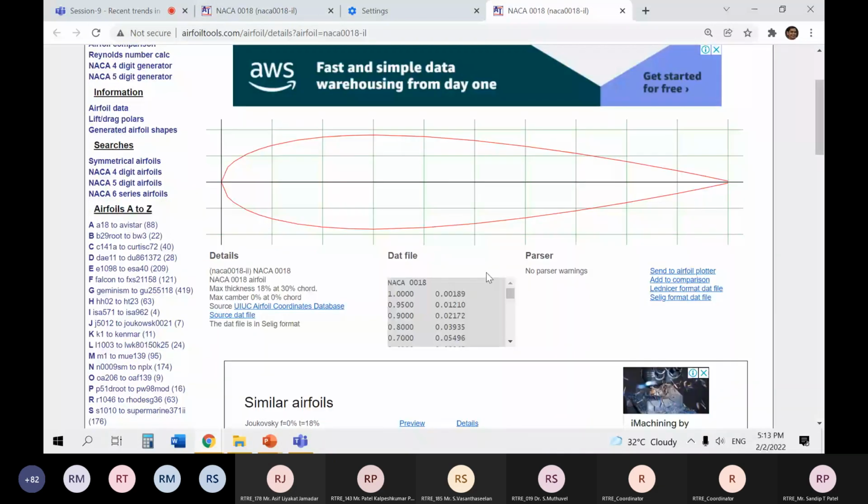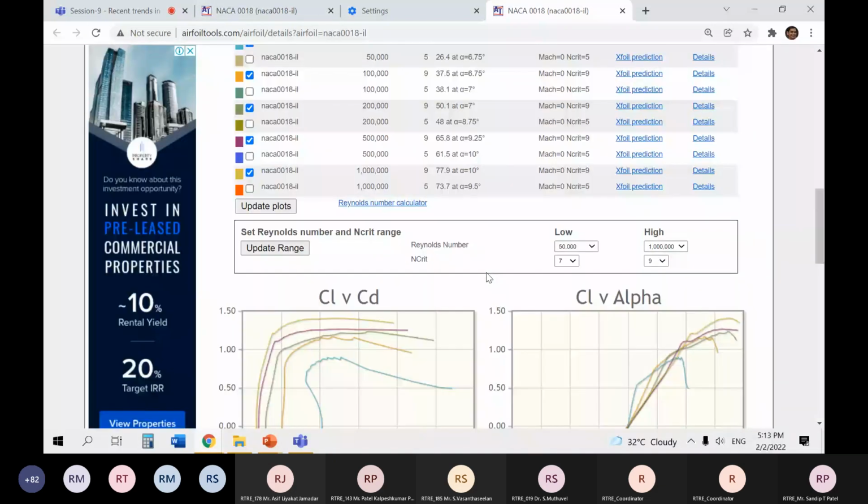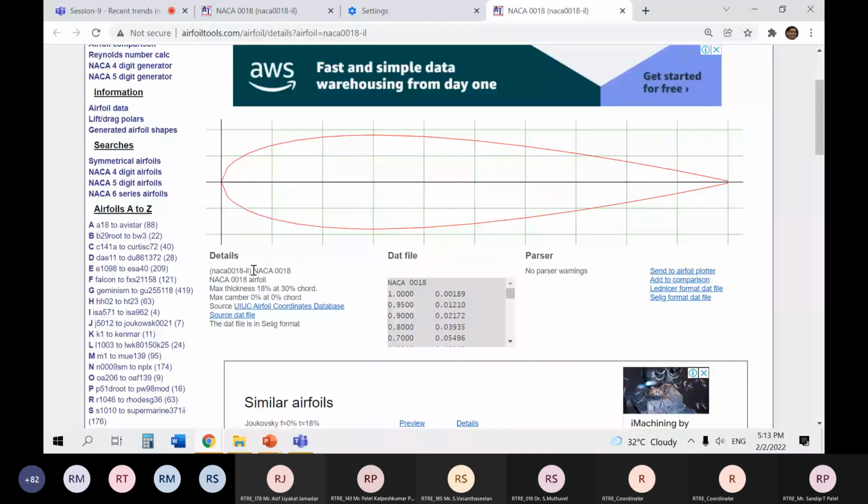Now in this example I have taken NACA 008. NACA is a profile developed by one agency of the USA during the benchmark profiles period. The full form is National Advisory Committee for Aeronautics. You can search it and you can get the equations of all airfoils and their details.